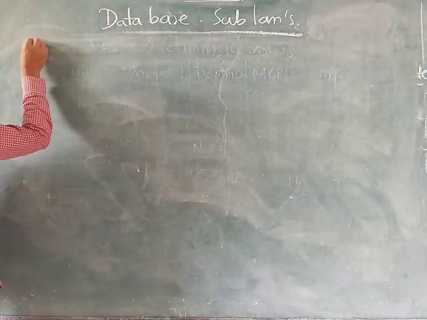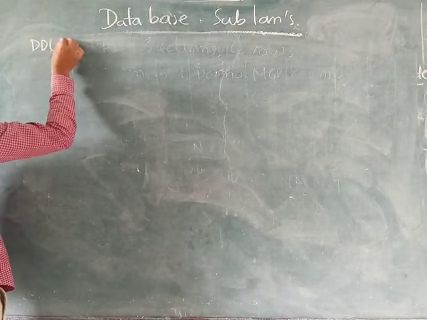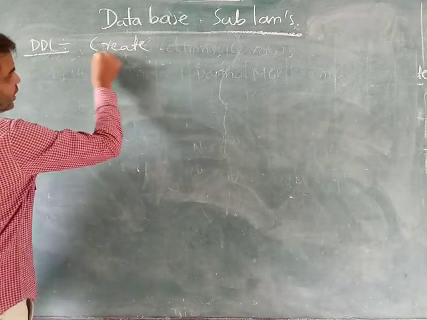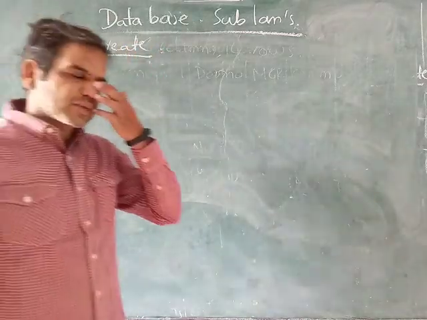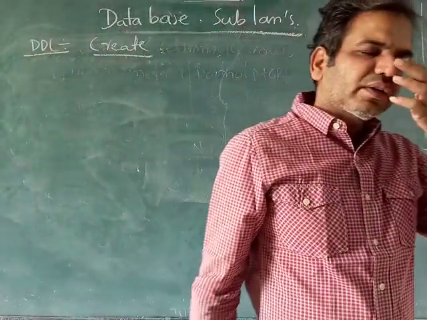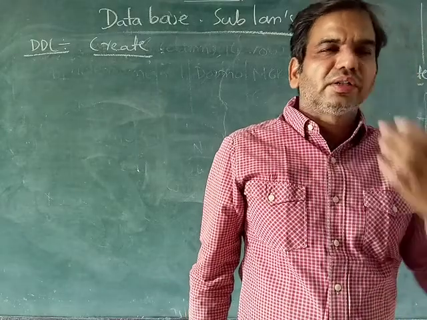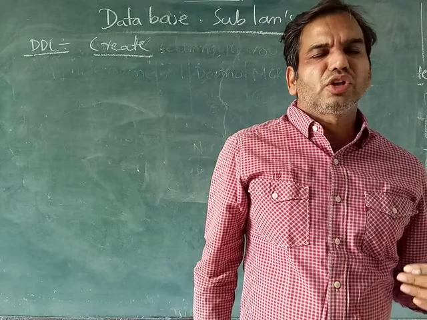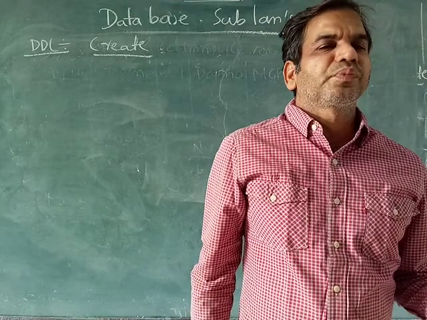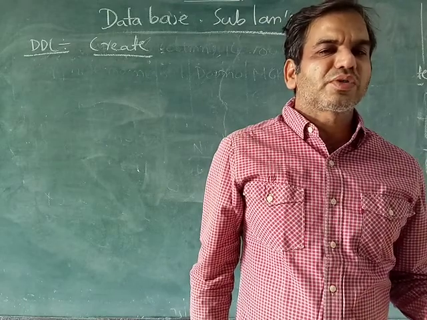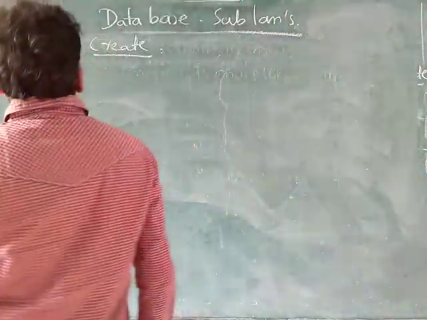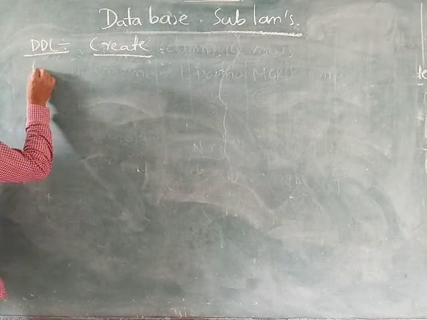So first, data definition language, this create, and we already discussed data types. Mainly we use number, varchar, date, long, raw. For numeric purposes we use number, for alphanumeric purposes we use varchar, and for date purposes we use date. So first, creating a table, a direct example.